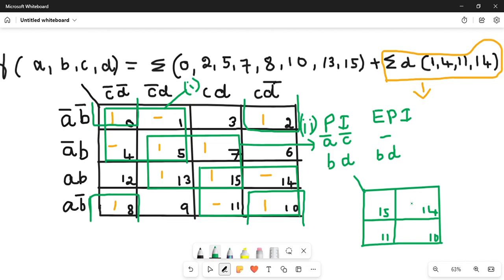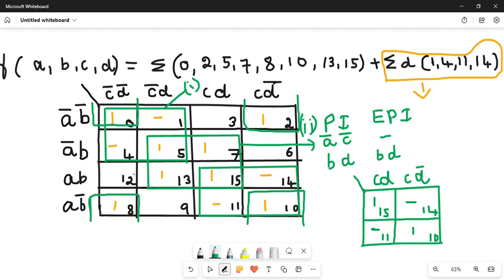So you have this one don't care, this is 1, this is one don't care, and this is 1. In the 15 and 11 column, on the top it is CD, and in the 14 and 10 column you have CD bar, as you can see over here. And in the 15 and 14 row you have AB.